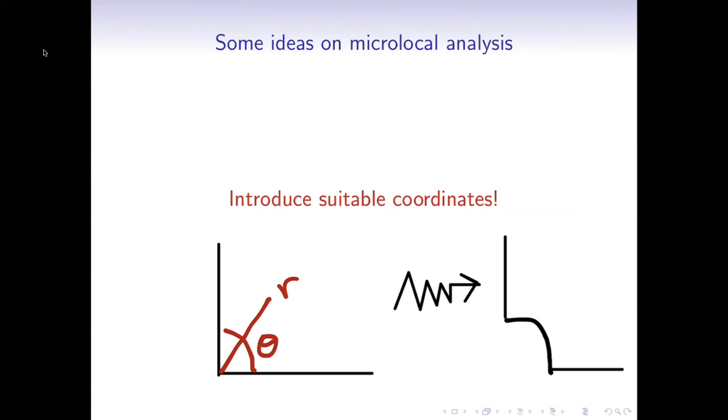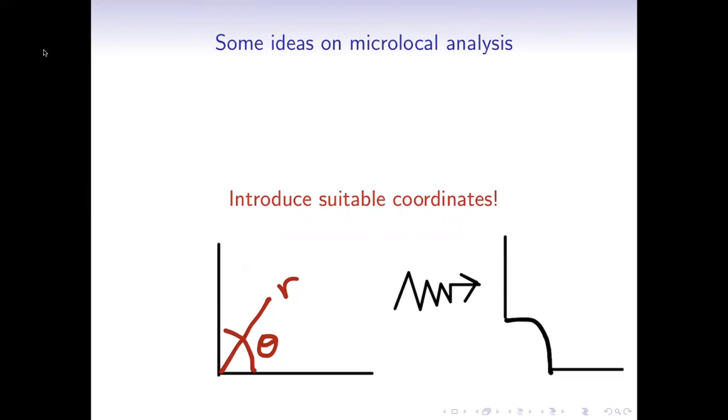When you're away from the origin, the description in polar or Cartesian coordinates is exactly the same. But as r approaches 0, you may see different behaviors for different angles. If you have a singularity at the origin that can be captured by these different angles, then you'll have a better understanding of the singular behavior.